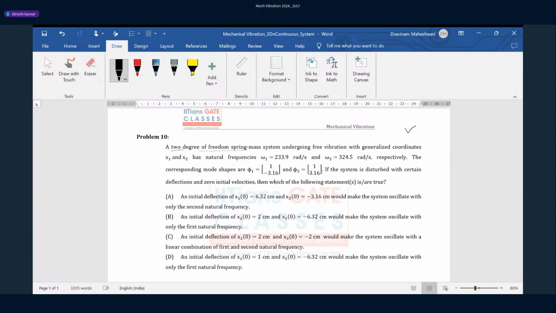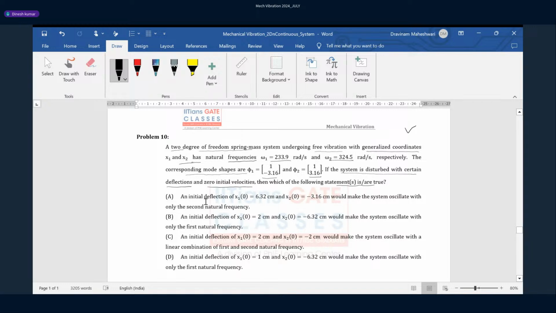A 2 degree of freedom spring mass system undergoing free vibration with generalized coordinates x1 and x2 has natural frequencies omega 1 and omega 2 respectively. The corresponding mode shapes phi1 and phi2 are given. If the system is disturbed with certain deflection and zero initial velocity, which of the following statements is or are true?